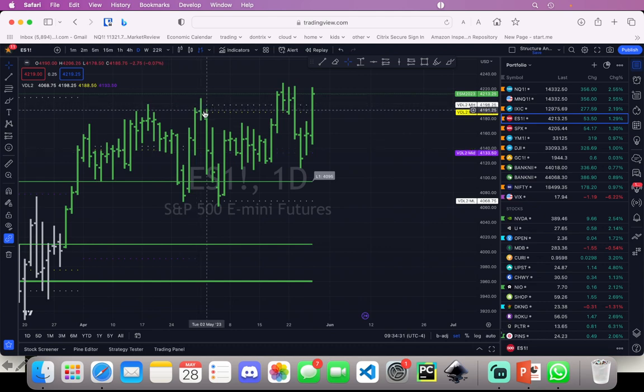May also, it is green, but as you see clearly here, it is not able to break the previous month high. Two closes, just two closes on this date, but it was not able to maintain that, came back, and then again breaking it. So it's clearly saying, yes, there are some bulls.